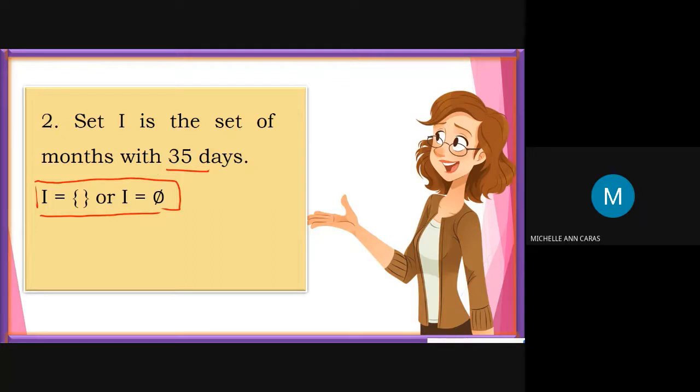Since balanta naton nga ang months mayara lang siya sang 30 days, 31, ano pa, kung February, 28, or kung leap year, 29 days. Pero wala kita sang month nga mayara sang 35 days. So therefore, ang answer niya diri is an empty or a null set. Okay, wala kita sang elements under sa ila.